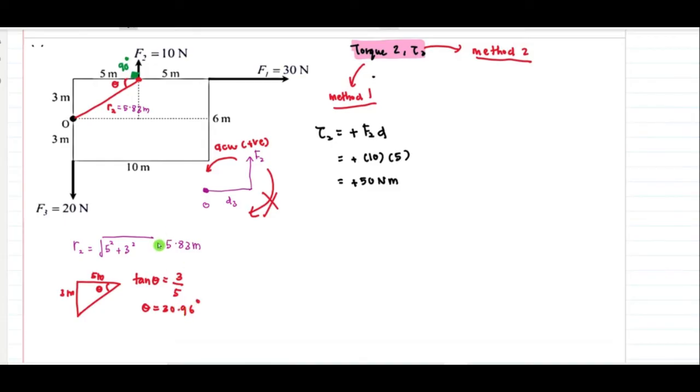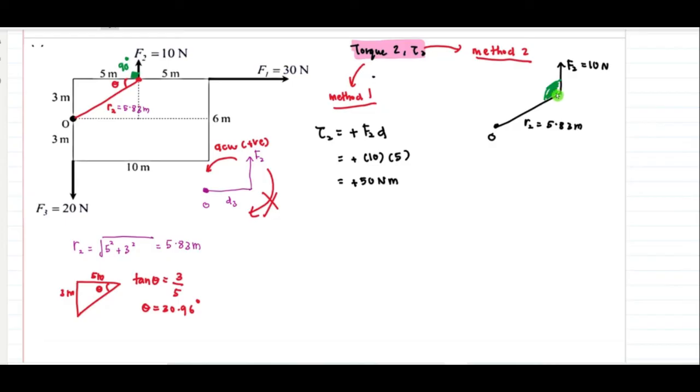And then let's draw from the pivot point O. So this is R2, where R2 is 5.83 meter and this is F2. So F2 should be a straight line and 10 Newton. And the angle here between R2 and F2.